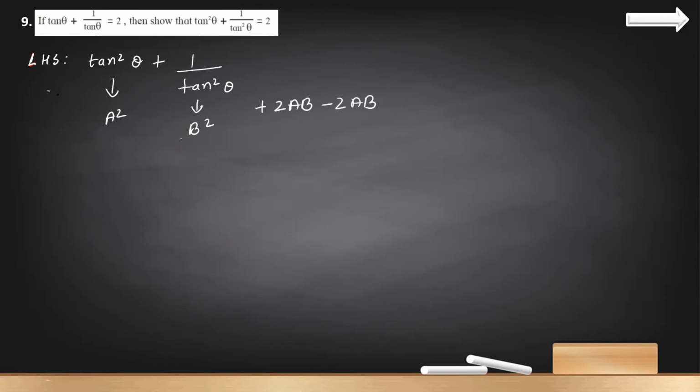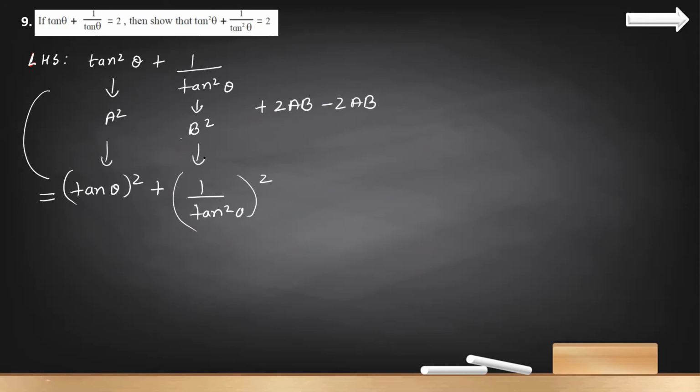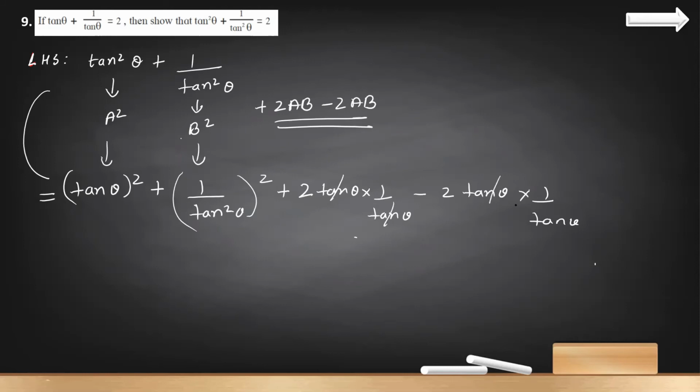So your LHS gets converted to tan theta whole square plus 1 upon tan theta whole square, that's your a square, b square, plus 2 times tan theta into 1 upon tan theta, minus again 2 times tan theta into 1 upon tan theta. We add and subtract, so there's no change in this. Now we know tan into 1 by tan is going to be 1, so we simply do plus 2 minus 2.